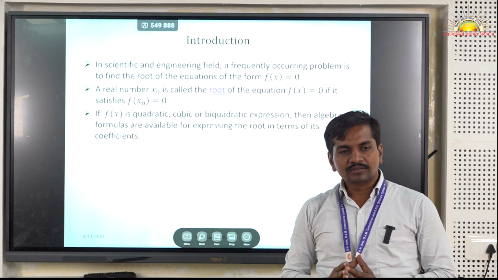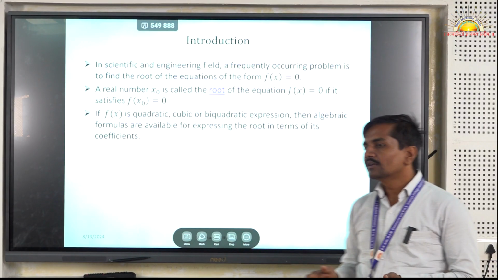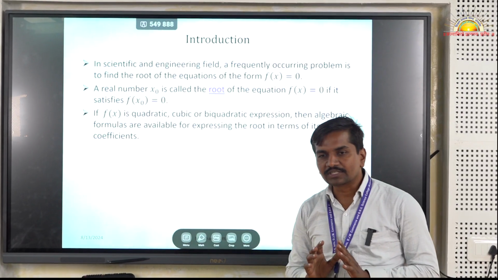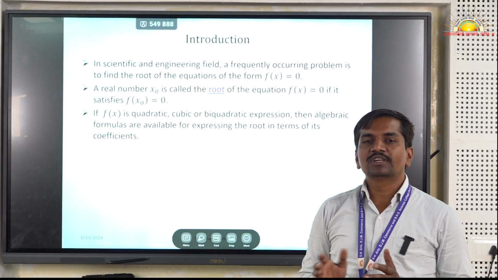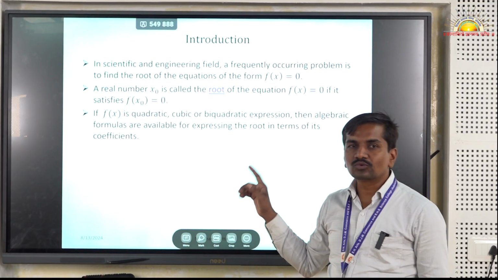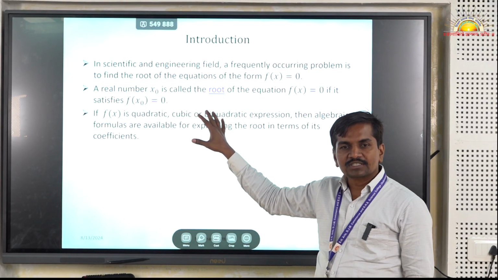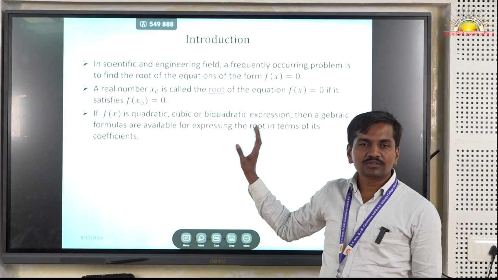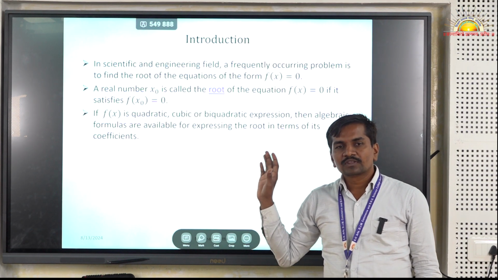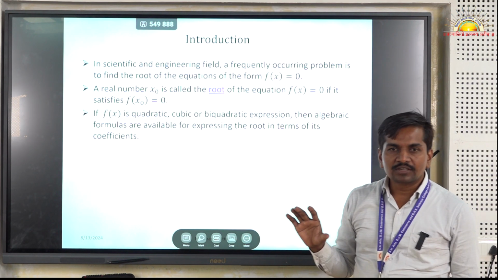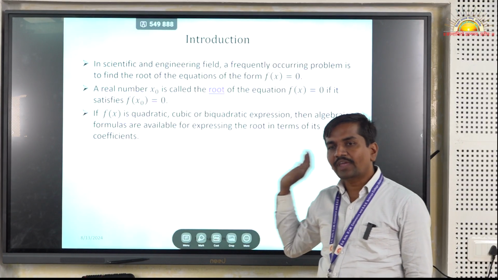Now if the function f of x is a quadratic, cubic or biquadratic expression, then rational formulas are available to find the root of the equation. That means the roots of the equation can be expressed in terms of the coefficients.